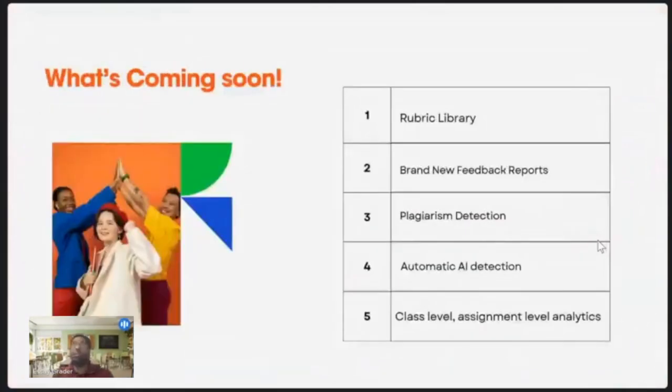Sorry. So what's coming soon? So far, just to give a quick summary of what we have done, I showed you all the innovations that came in the past couple of months or past couple of releases since our last webinar in the beginning of September. We showed you the basic functionality of EssayGrader, what's new in 2.1, what was released in 2.2.